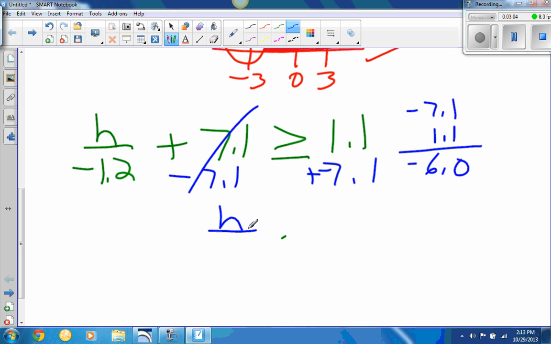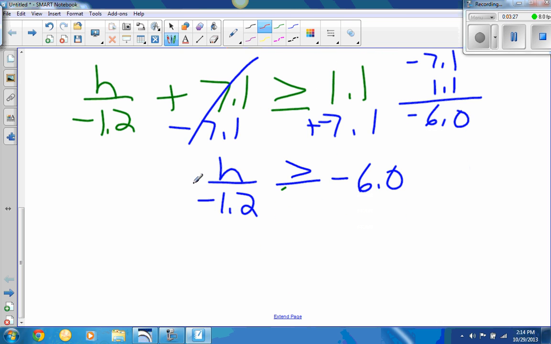So I have h over -1.2 greater than or equal to -6.0. Okay. So now I have to get rid of this negative.